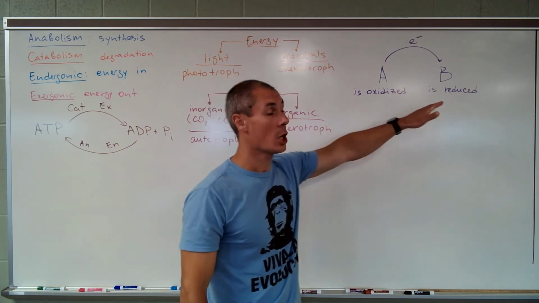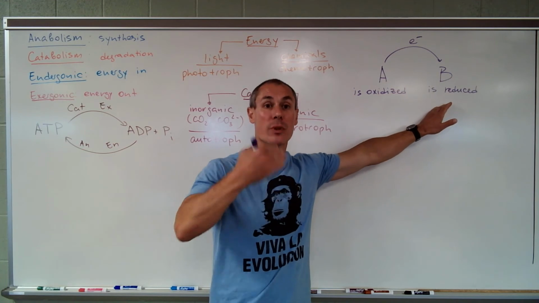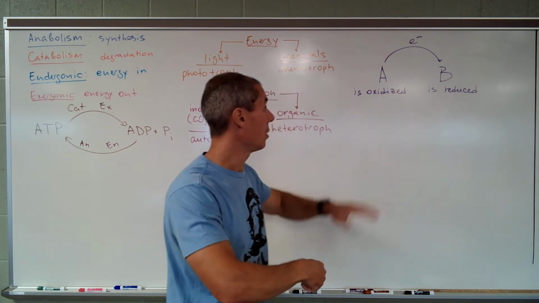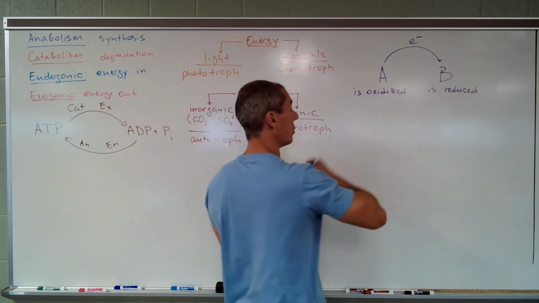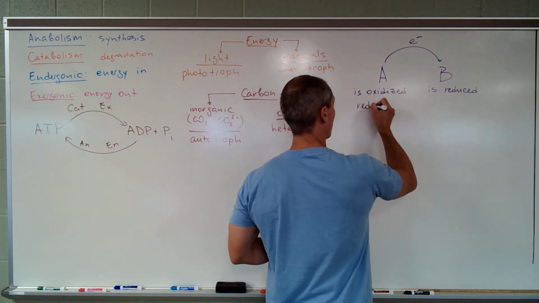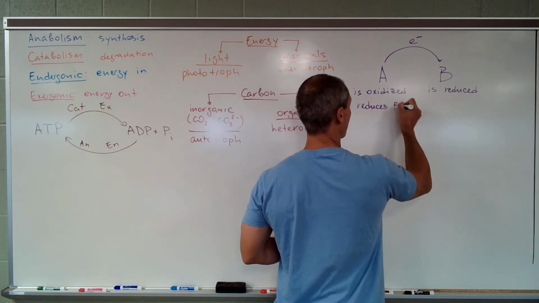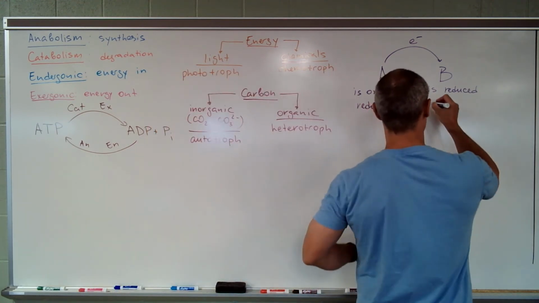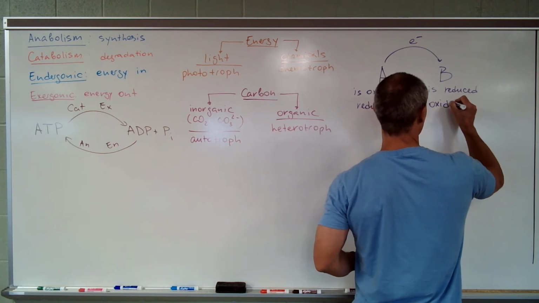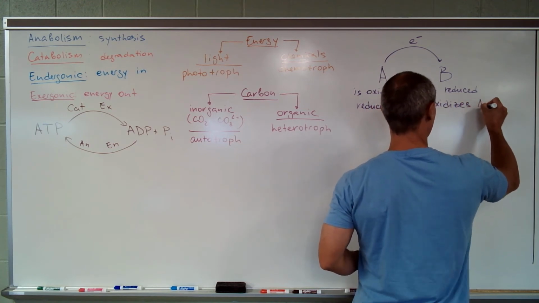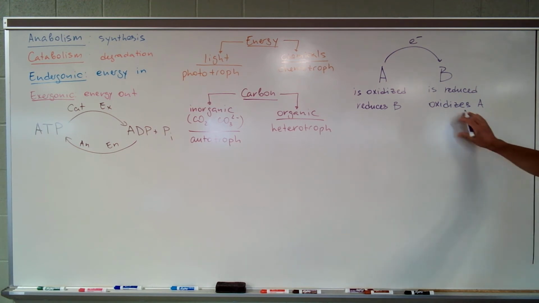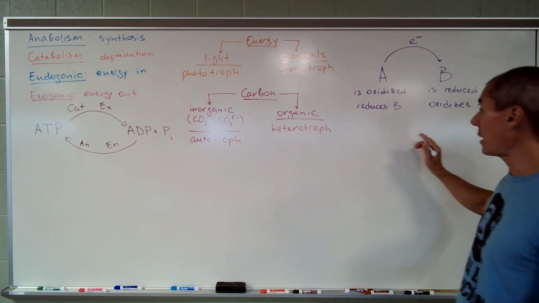Now, when B is reduced, what reduces B? Chemical A. So chemical A reduces chemical B, and chemical B oxidizes chemical A. So by these functions, we can assign them names.